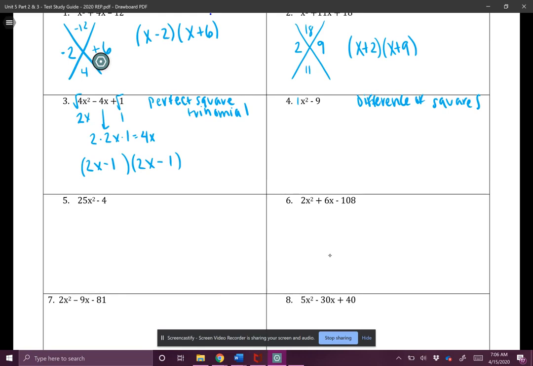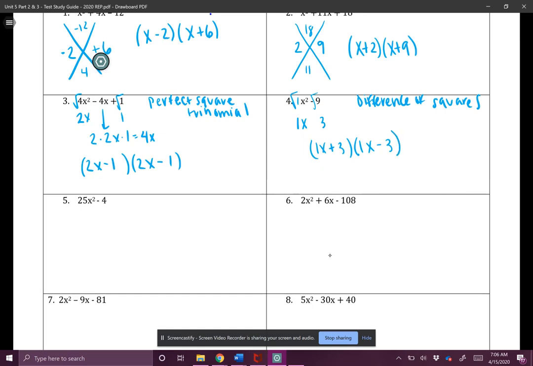If you notice, there's no term in between these that has an x on it. Like this one had a b value in number 3. This one doesn't. So from here, we're going to take the square root of a and c. The square root of 1x squared, square root of 1 is just 1x, and then the square root of 9 is equal to 3. So our answer with difference of squares is 1x plus 3, 1x minus 3.